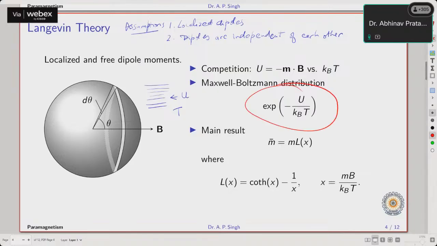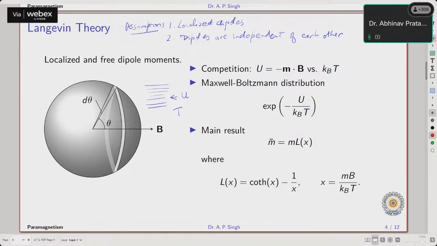The probability of occupying this state is given by the exponential of minus the ratio of U and kBT. Again, you can see the competition between the internal energy part and the randomizing energy part.